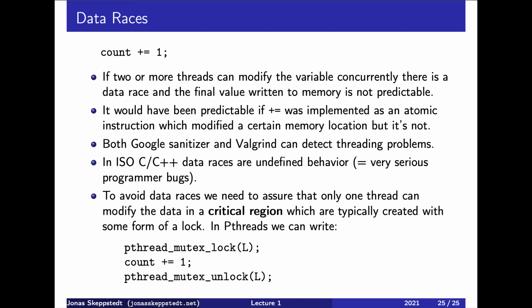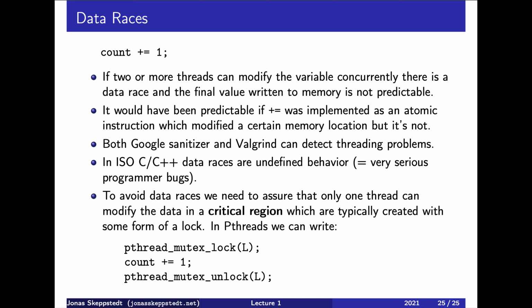But if we don't do that, we actually in C and C++ have a very serious bug called undefined behavior. That's one example of a serious bug. We will see very detailed rules of when a data race occurs in C and C++. But that's sufficient for now, this explanation.